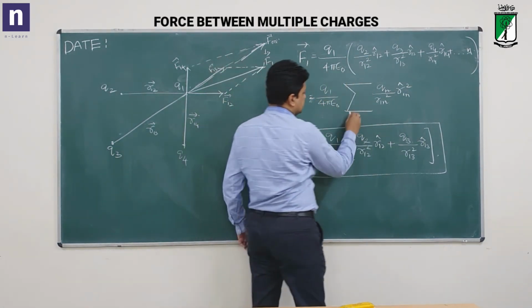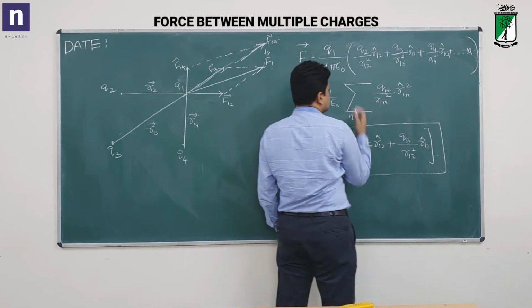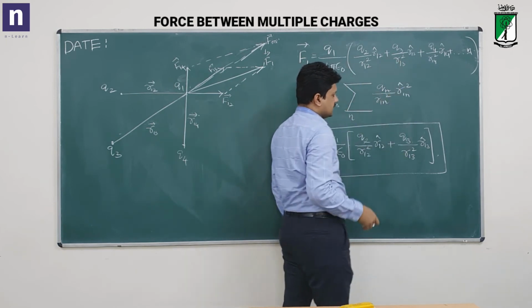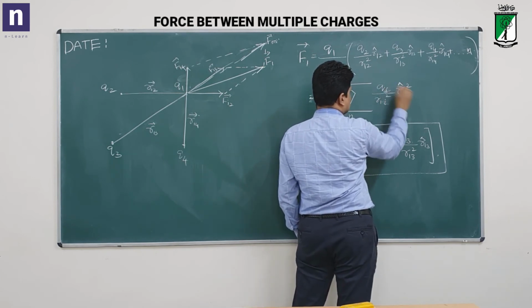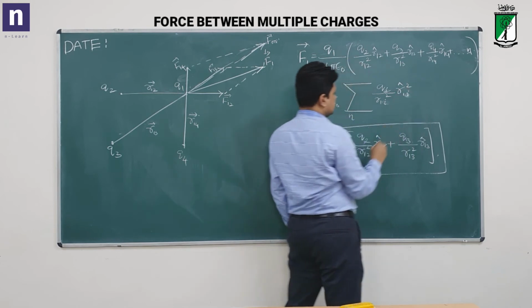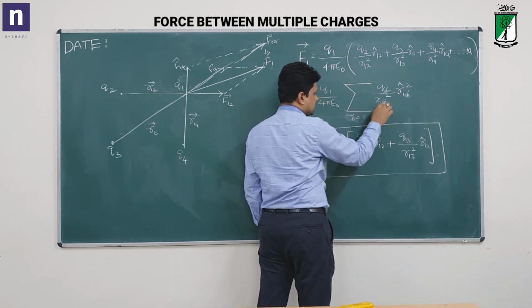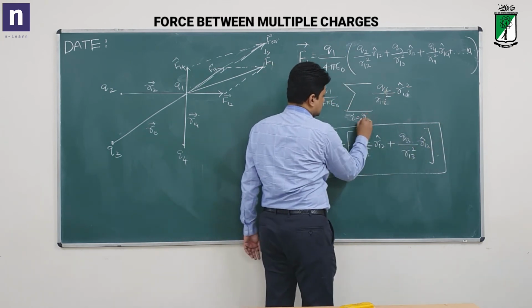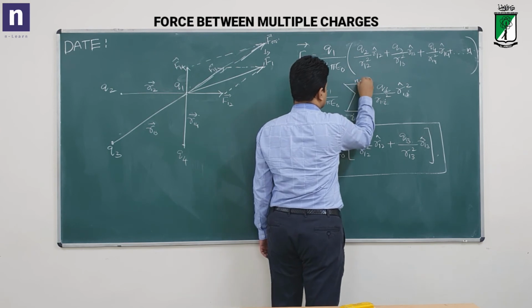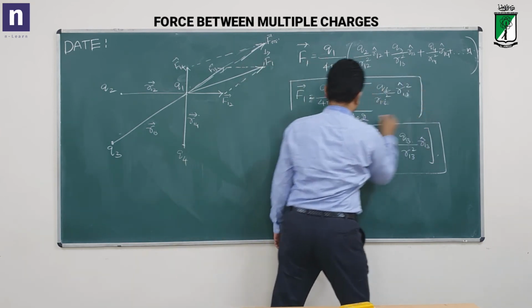Then what is i here? You take whatever, i varies from 2 to n. So i is equal to, starts with what? Say 2, 3, 4 up to n. So starts with 2 up to n. This will become the force on the first charge.